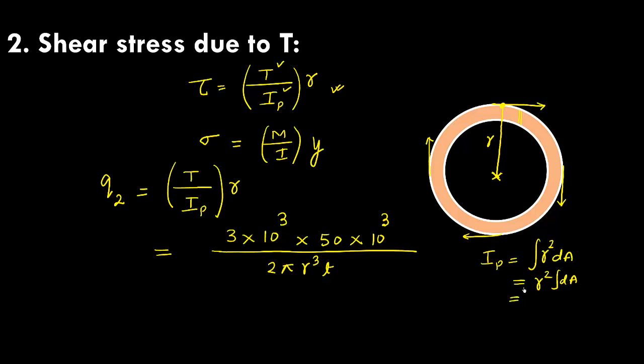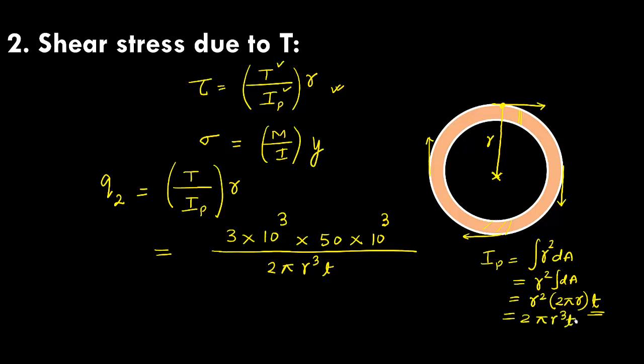We are assuming this because this is a very small tube, and the area is 2 pi R times the throat thickness T. Now you have to remember that these forces are taken by the effective area of the weld, not the weld that is on the vertical plane. So this is the effective area, and that's why we are multiplying by the throat thickness. So IP is nothing but 2 pi R cube times T.